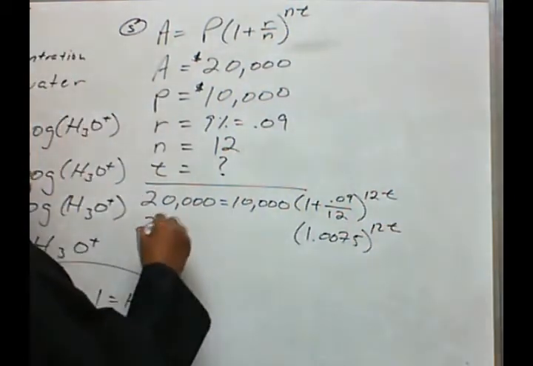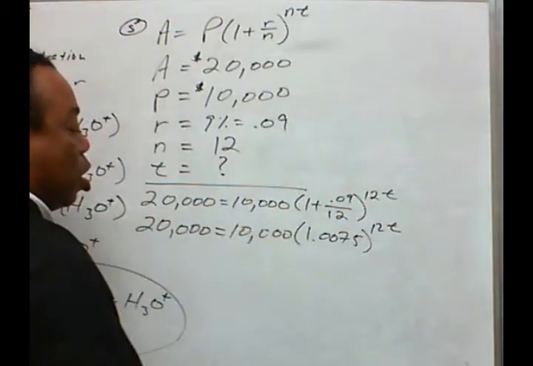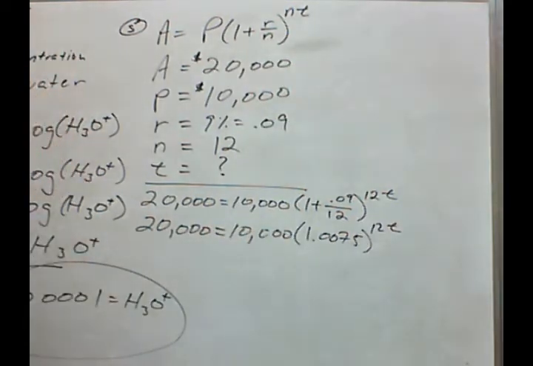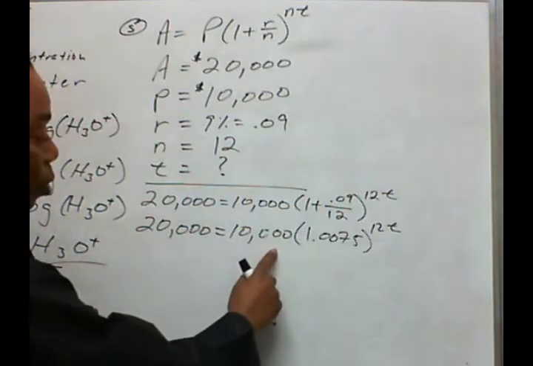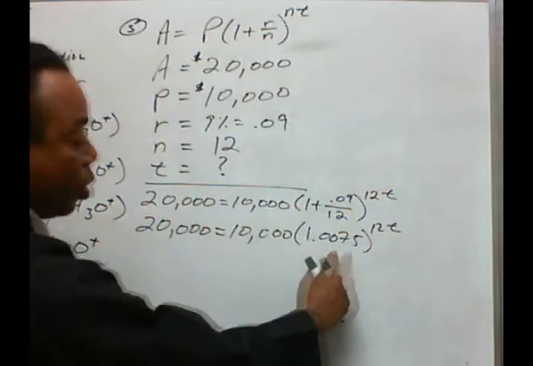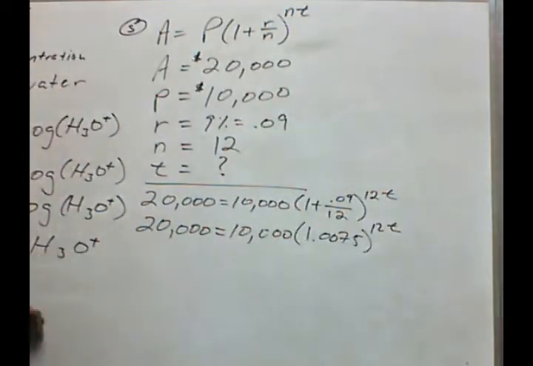Alright, so it'll take us 3 steps. First, we need to eliminate the coefficient 10,000, then the base, and then the 12. To eliminate the 10,000, I'm going to divide both sides by 10,000.